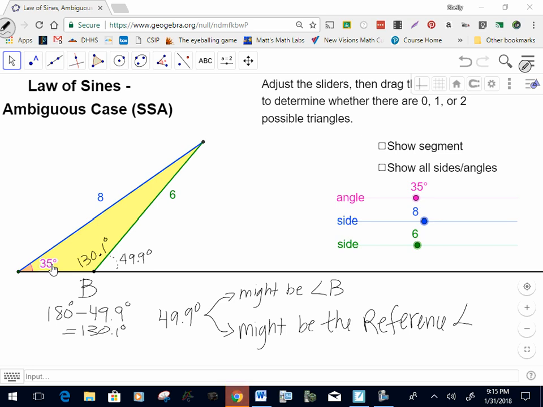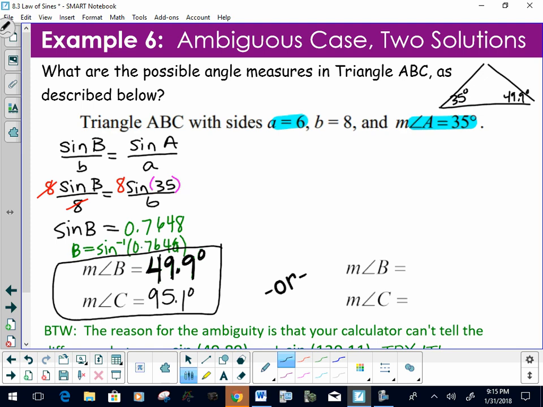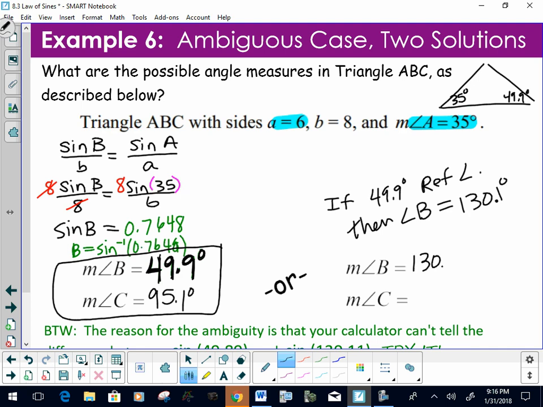So I'm going to go back to my problem here. So if 49.9 is actually just the reference angle, then angle B is actually 130.1 degrees. And in that case, we have this second triangle. I'm going to go back to my diagram again for just a second.